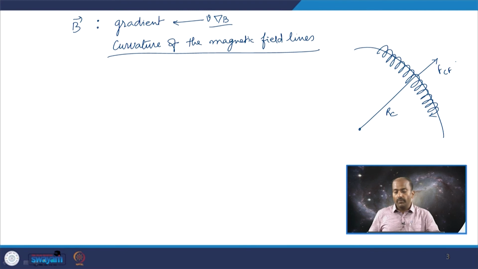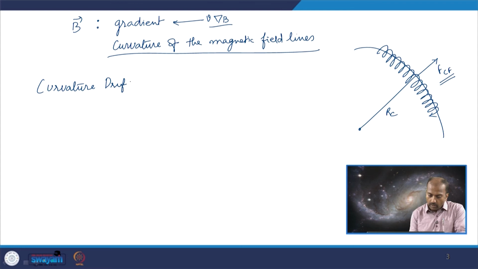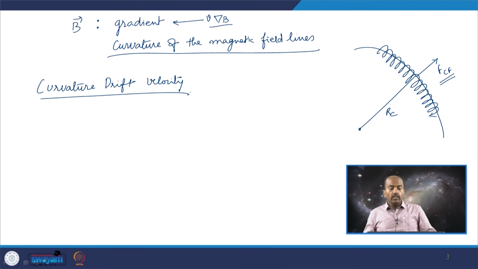What is FCF? FCF is the centrifugal force which acts away from the center of the curvature, right. So, due to the additional force FCF, we can also find a drift velocity which is called the curvature drift velocity.